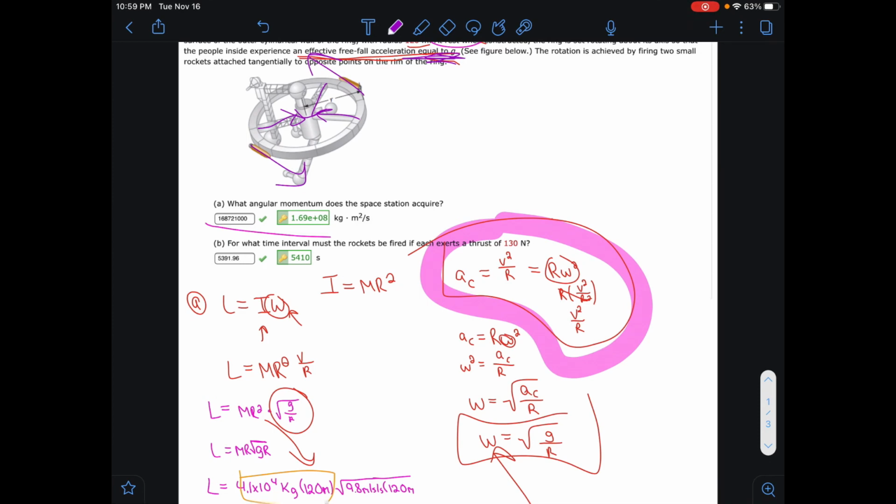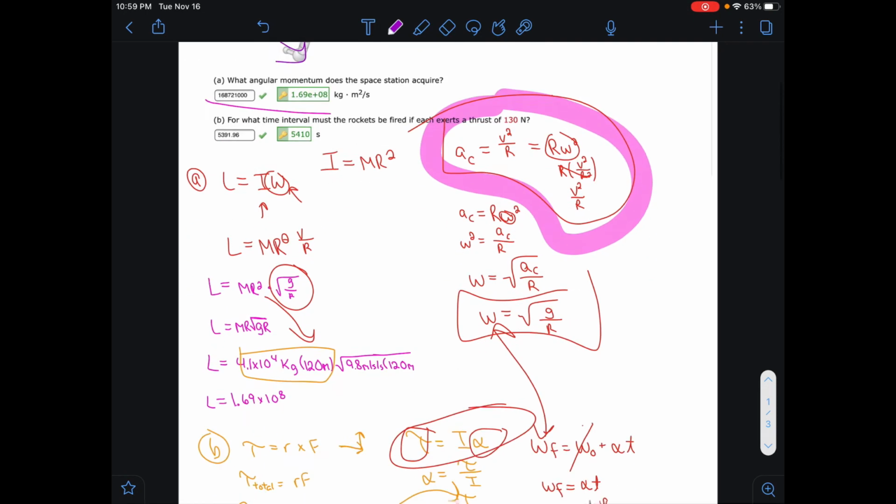Then you have to reason to the point that your radius times angular velocity squared is going to give you something proportional to centripetal acceleration. Putting them together, swapping the centripetal acceleration for the G value to find this W. That is the hardest part about this.